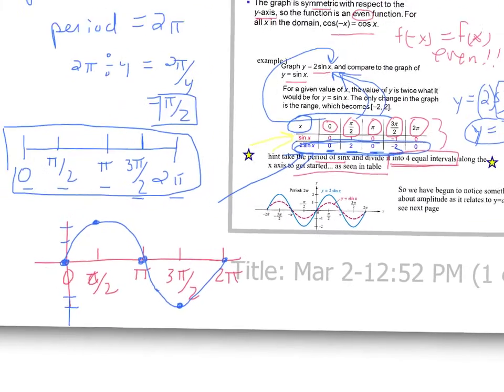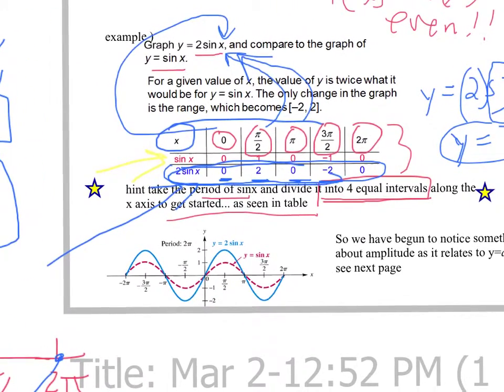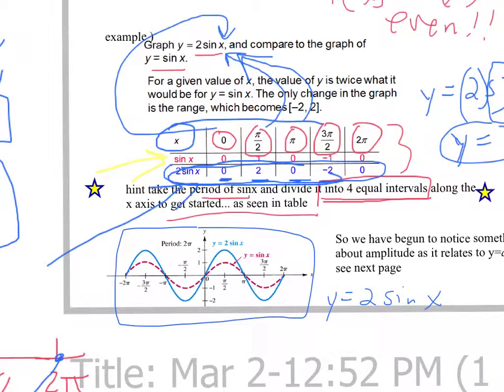Let me zoom back. And you can see visually, then you can start to make the connections, and you could even plot them both on the same grid, or even on your calculator. You would see that y equals 2 sine x has higher waves, and that's a way of saying a larger amplitude.